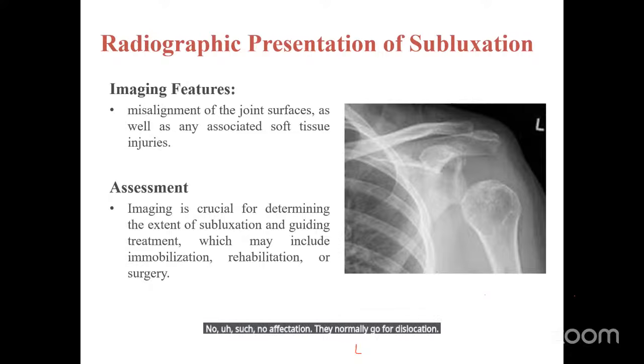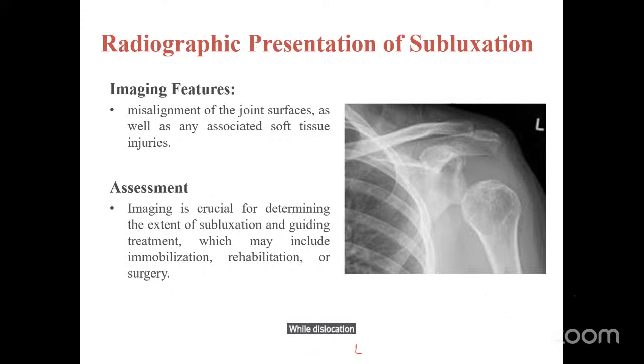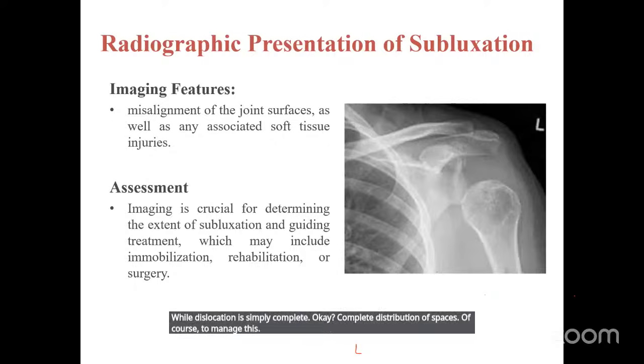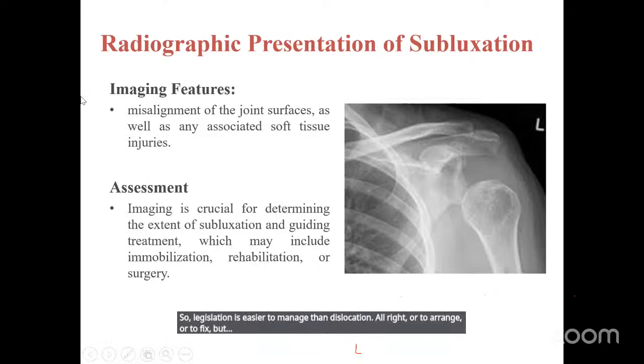That's why I'm asking that question. So subluxation is based on severity. Subluxation is partial, while dislocation is complete dislocation of the joint space. Of course, subluxation is easier to manage than dislocation, easier to fix back. Are we together? Good. Awesome.